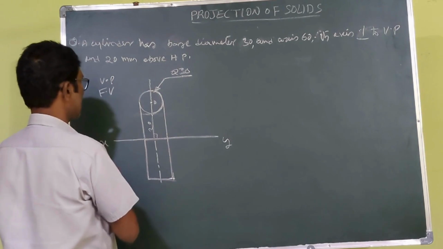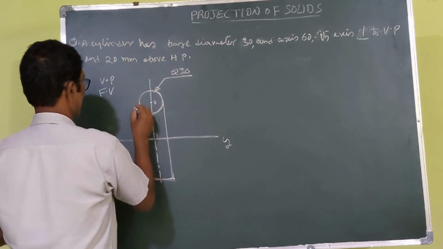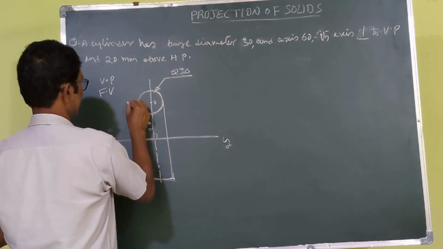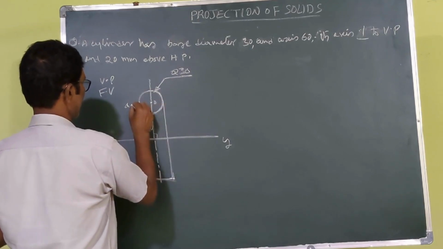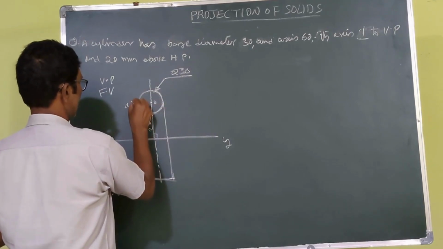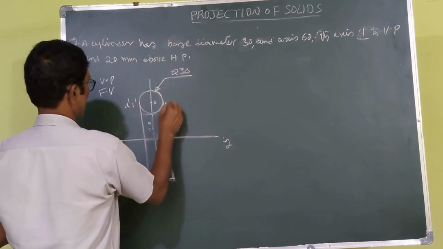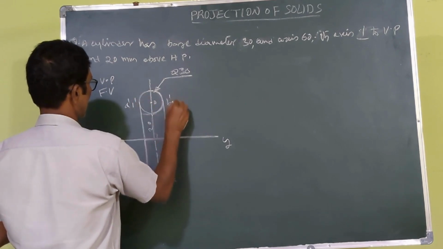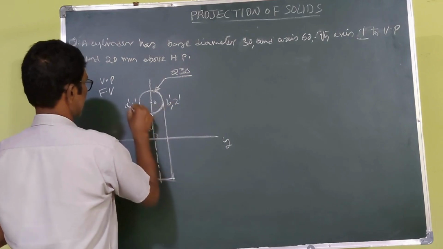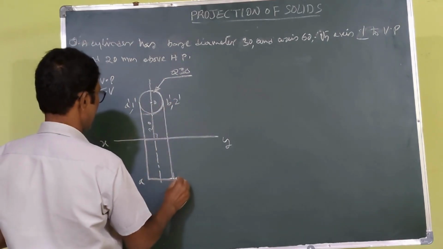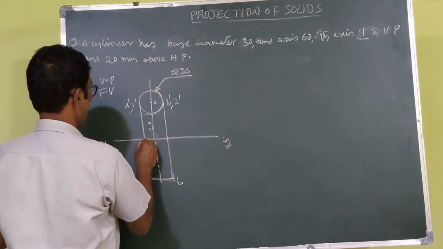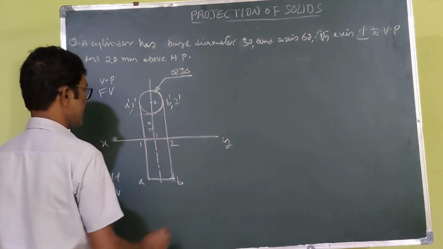So therefore you can get, if you want to name it here, A1, B dash 2 dash. Here in the front view, this is the A B 1 2.